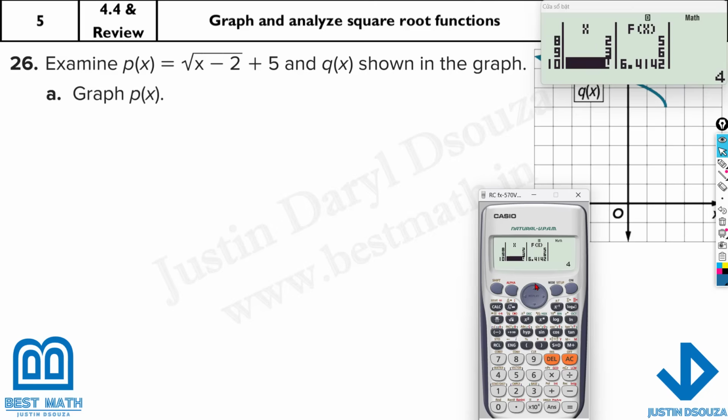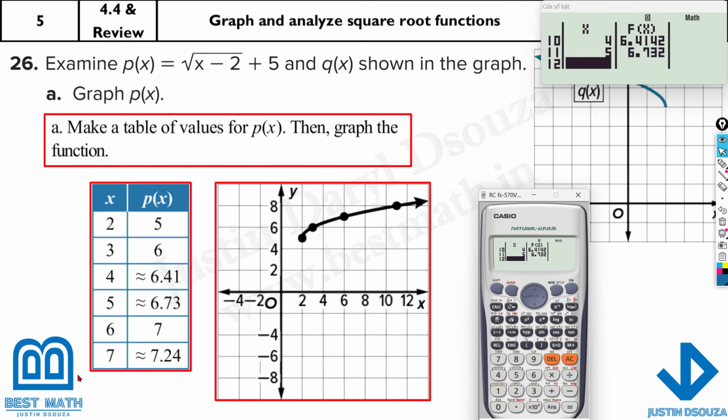Now you get these values, so you can just start writing at 1, 2, 3, 4, 5. That's more than enough in the table. You don't need to write so many, just a few values are enough. Then you get this graph. It's very easy. 2 is 5, whereas 3 is 6, 4 is 6.41, and you can easily plot some points and join them together.